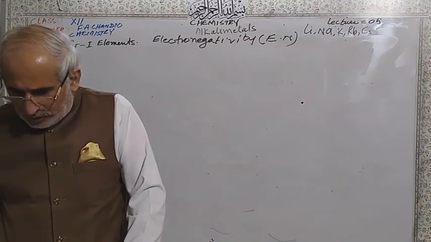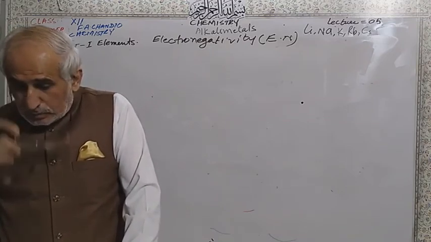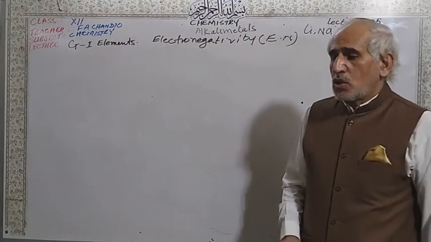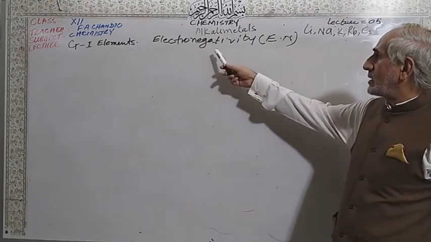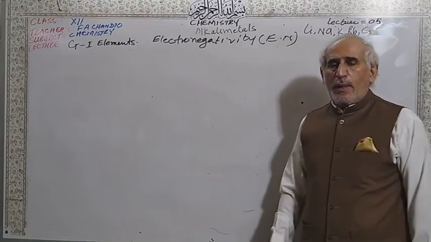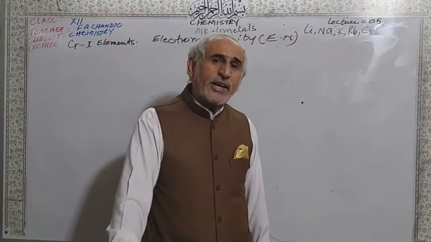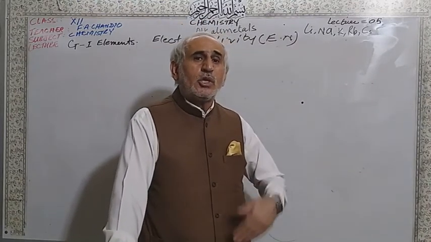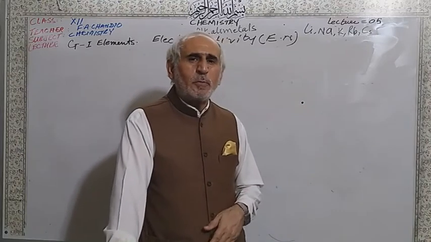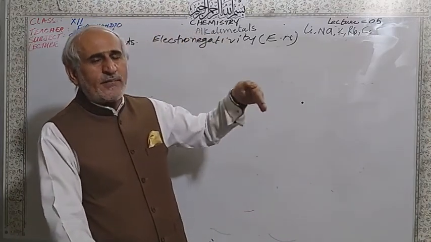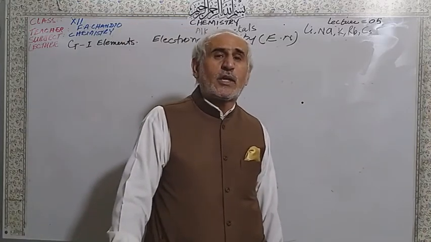If you see the graph, dear students, you will find the electronegativity of potassium and rubidium approximately the same. This is due to the nature of their structure.